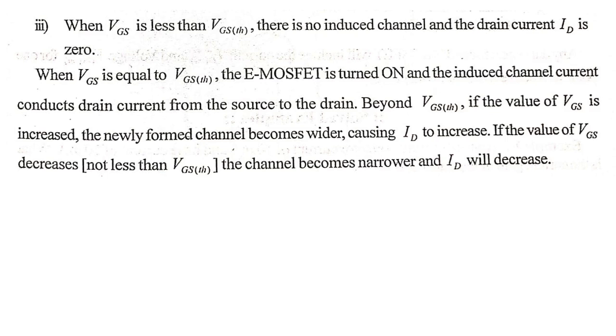Beyond VGS threshold, if the value of VGS is increased, the newly formed channel becomes wider, causing the drain current ID to increase. If the value of VGS decreases, though not below VGS threshold, the channel becomes narrower and ID will decrease.